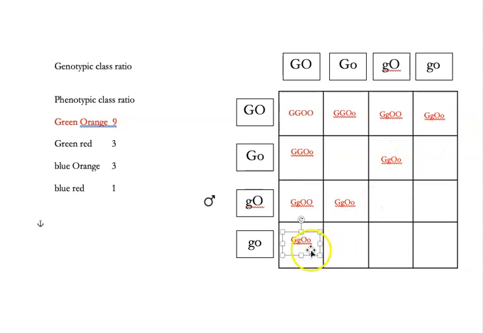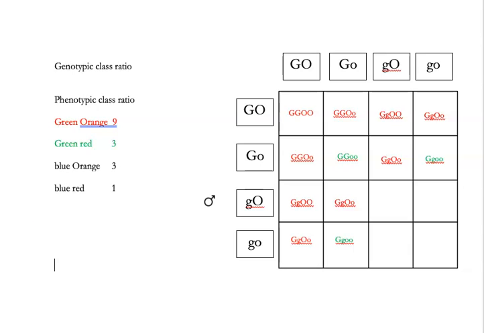That's what their phenotype's going to be. And it can have a couple different combinations. I could have two big G's, two big O's, or two big G's and a big O and a little o, or a big G, little g, big O, or of course the heterozygote. So they're always going to have that dominant phenotype. And look, 1, 2, 3, 4, 5, 6, 7, 8, 9 out of 16 possible outcomes.